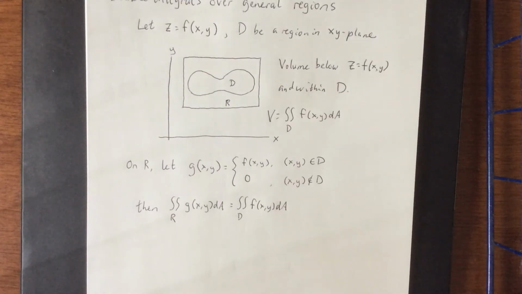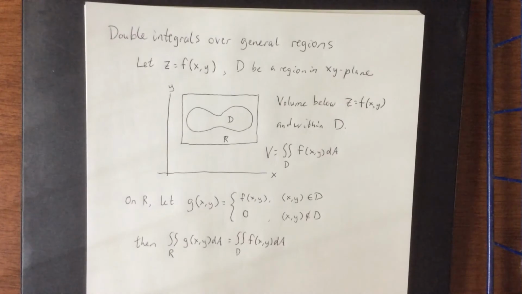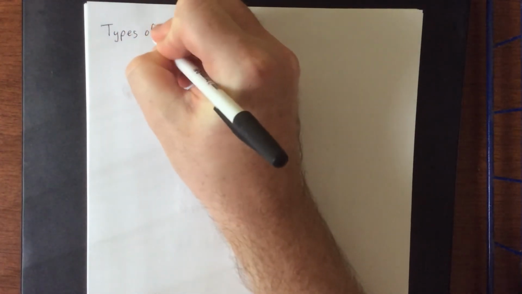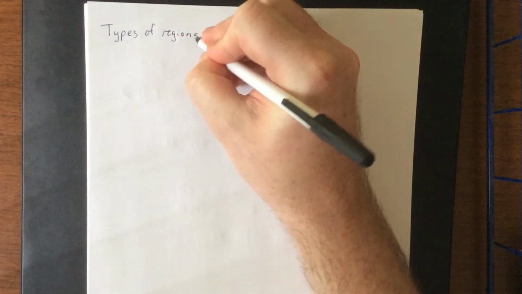So rather than going with that, what I'd like to do is define a couple of region types that we can have within the xy plane. There are a total of 3 different types of regions within the xy plane. Now, unlike binary things, one doesn't have to be one or the other.